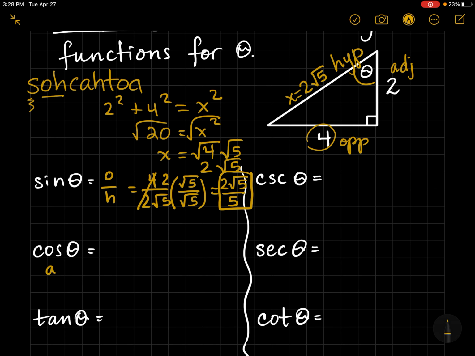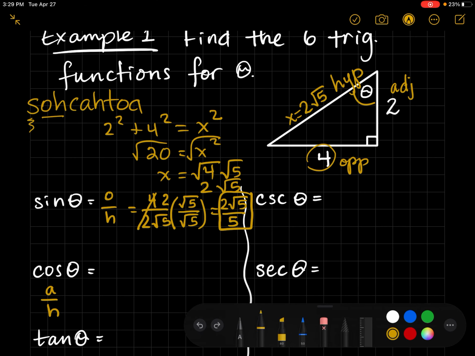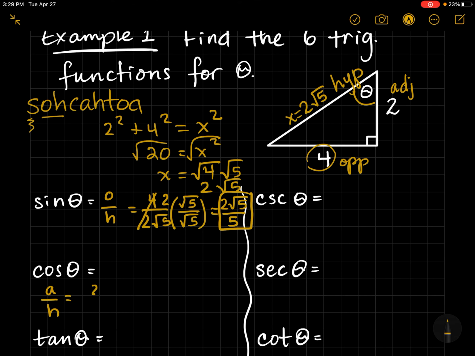For cosine, we're looking at adjacent over hypotenuse. Adjacent is 2. And hypotenuse is 2 radical 5. I like to reduce first. And now I still have to rationalize.